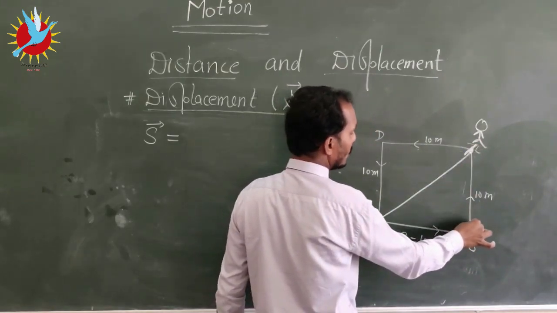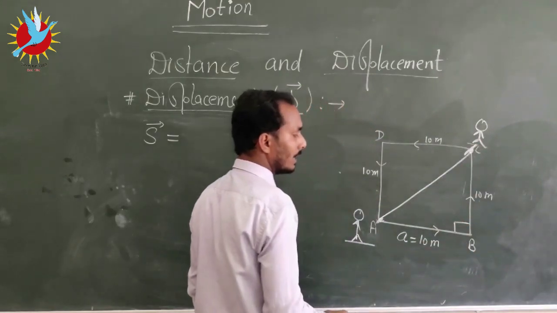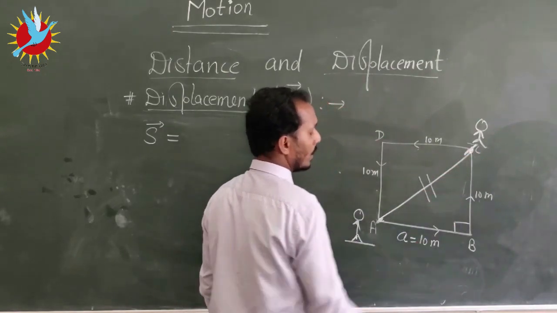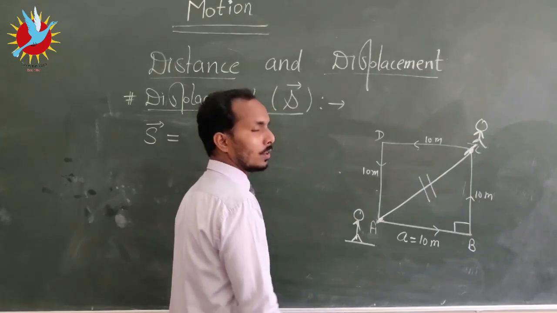You find that this is a right angle triangle, and we get this value with the help of the Pythagoras theorem.